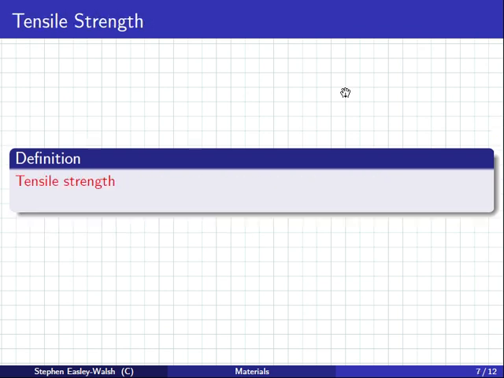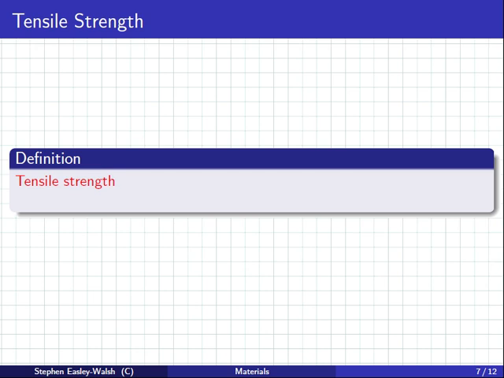Now, next definition, tensile strength. Does anyone know tensile strength? Maybe this is something, Diego, you might have heard of as an engineering term. Or Zach? No? That's like how much you can strain something. Nearly. Pull. Yeah. Before it breaks. So what is it?